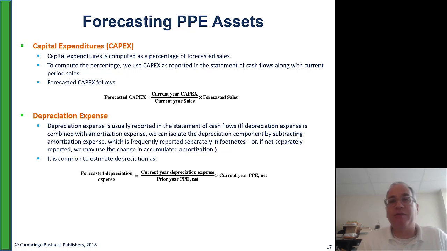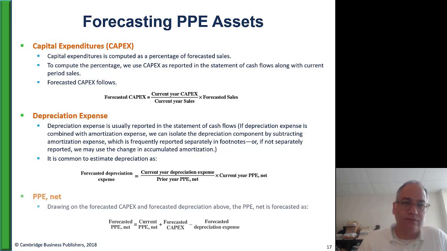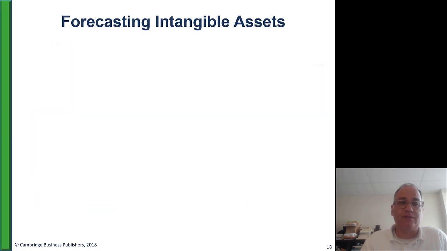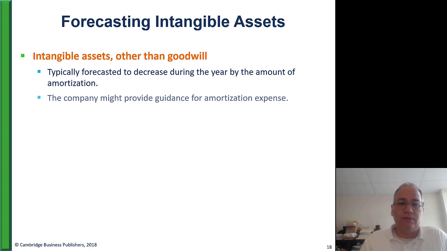And in fact, that's pretty much going to work, whether you're using straight line or some other accelerated form of depreciation. Ending PP&E would be beginning PP&E plus your capital expenditures minus forecasted depreciation expense.